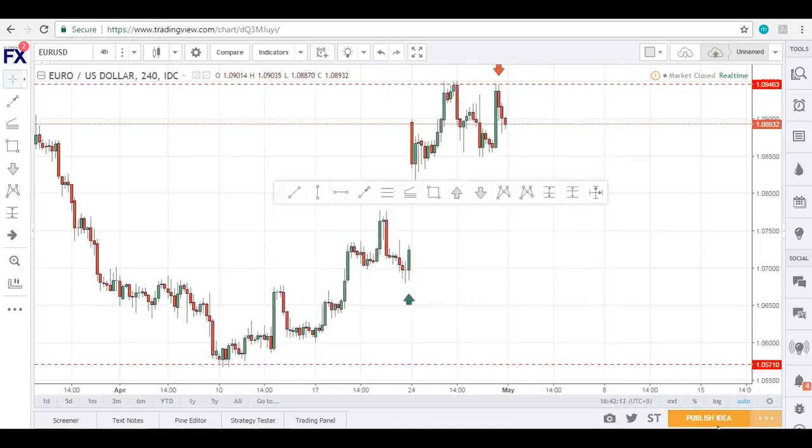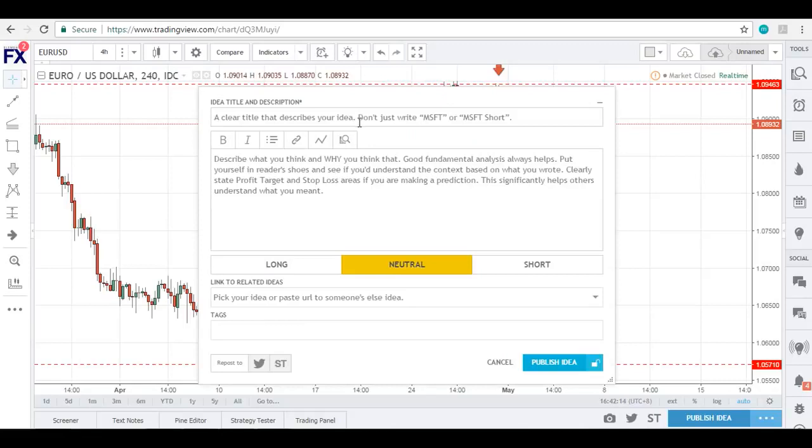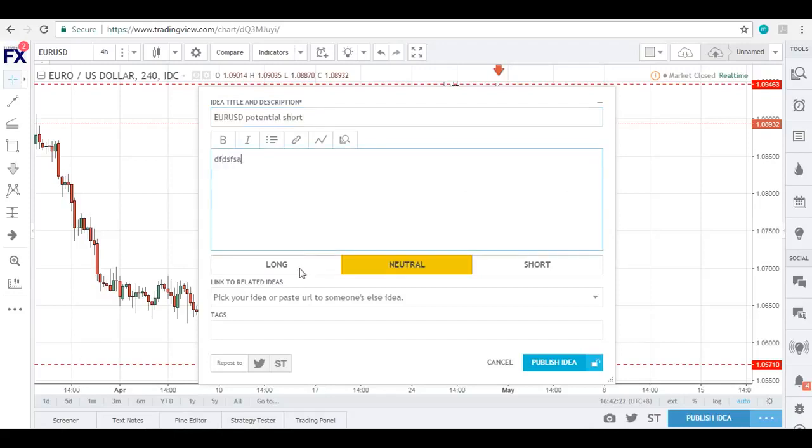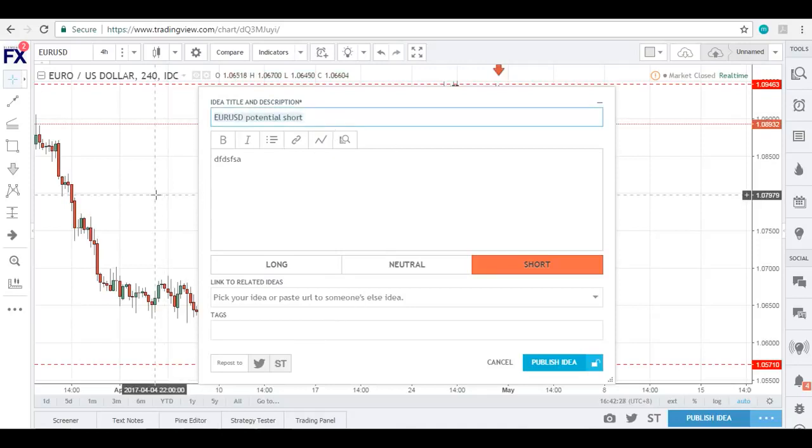All you have to do is click this publish idea, and in the case of this, we have EURUSD. Let's say we have a potential short opportunity, and you can give your reasoning here, and you can say that's short, and it will appear on the pair, and many people will look at analysis and possibly give you some feedback.